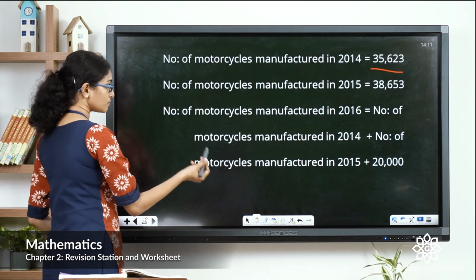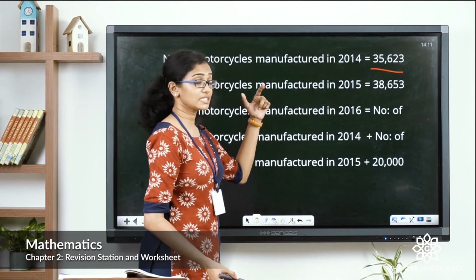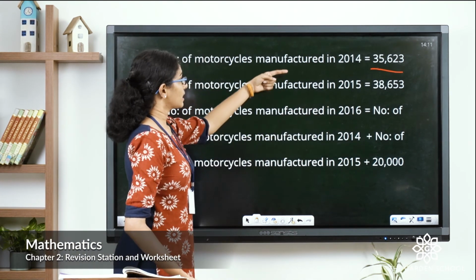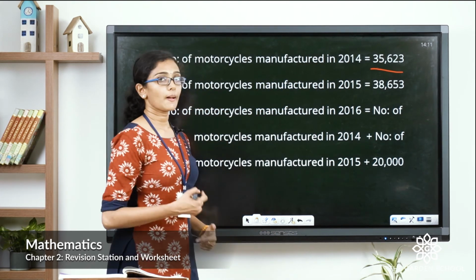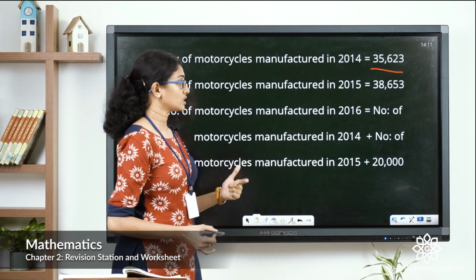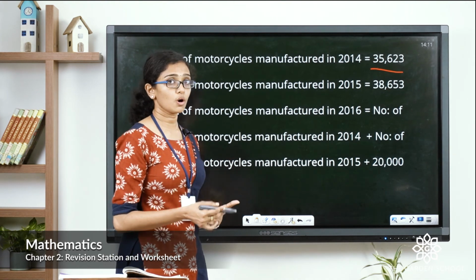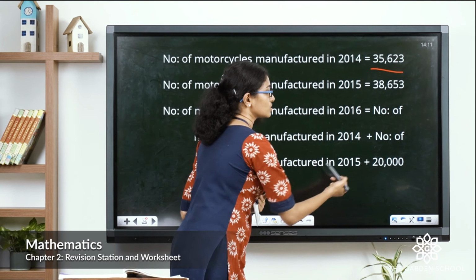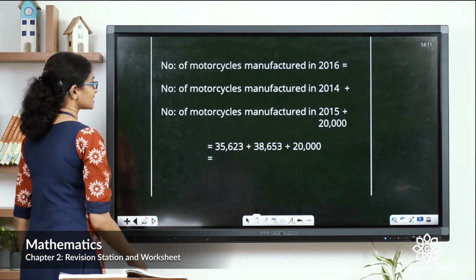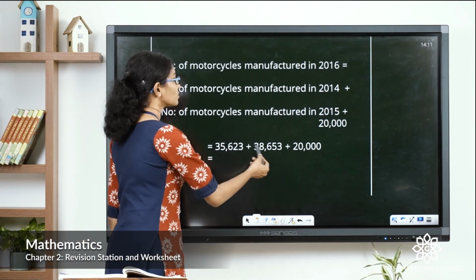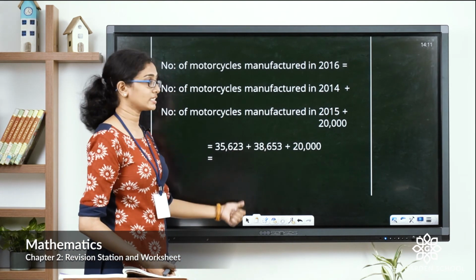Now, the number of motorcycles manufactured in 2016 is equal to the number in 2014 plus the number in 2015 plus, it said in the question, there were 20,000 more motorcycles. So that 20,000 should also be added to the sum. So let's substitute the numbers here.